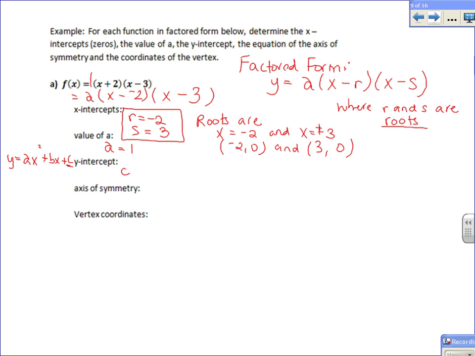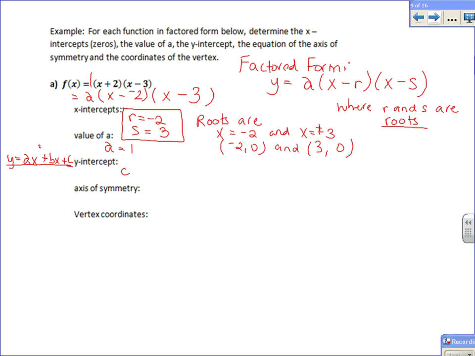It's the point where the parabola crosses the y-axis. You have two methods of solving this. You could take your factored form, which is y is equal to (x plus 2)(x minus 3), expand that and change it into standard form, and simply look and see what the value of c is.